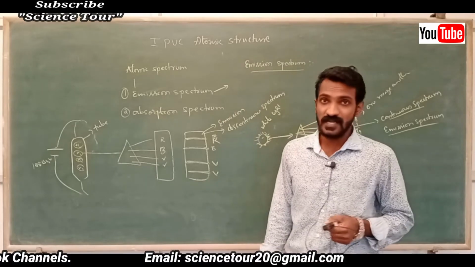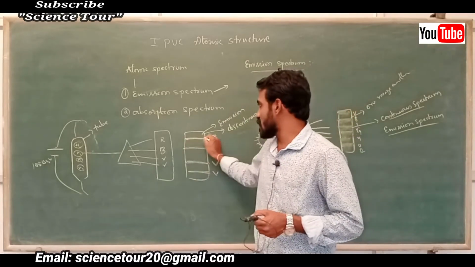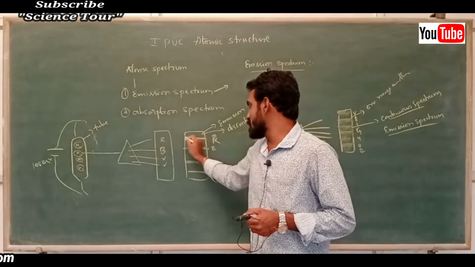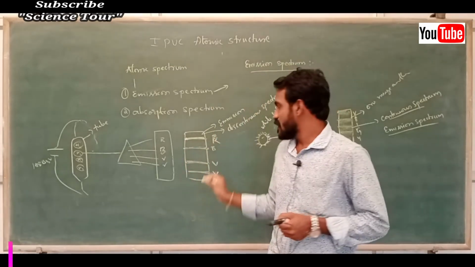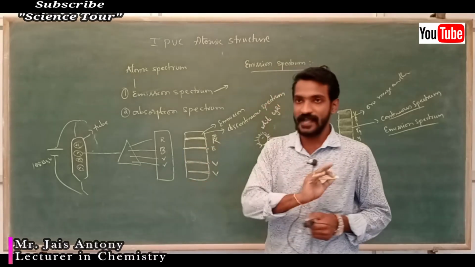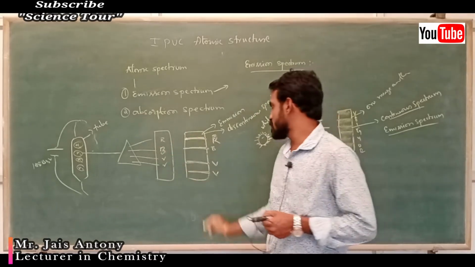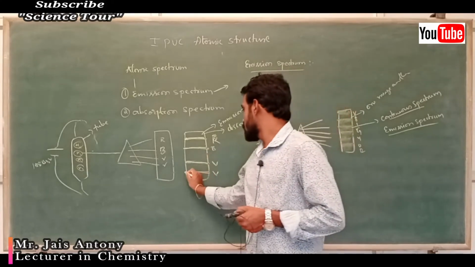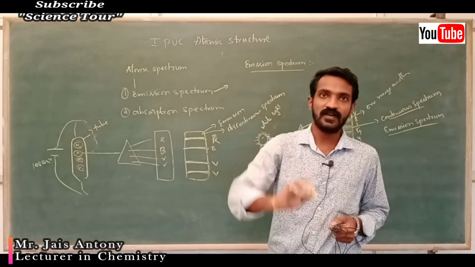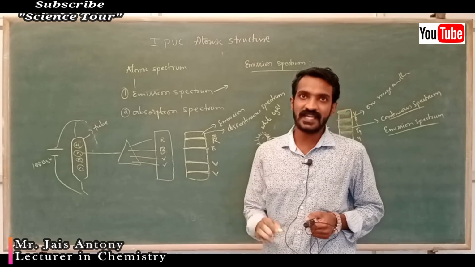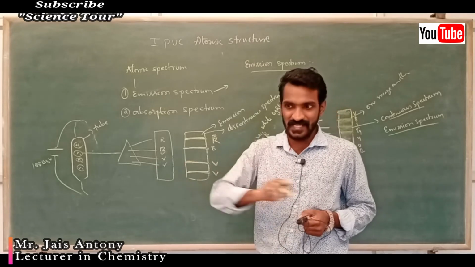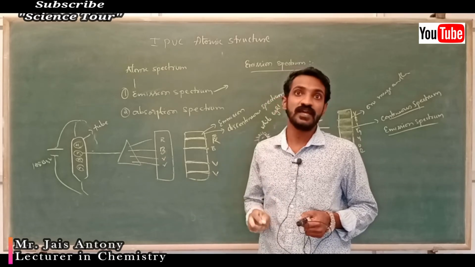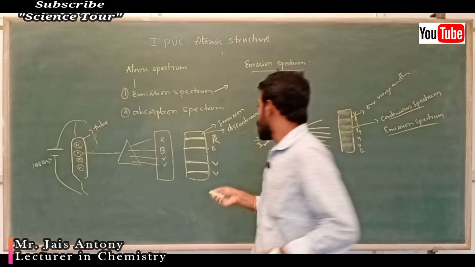Why? Because you are arranging one color line. Red is one line, then again blue one line, and violet one line, another violet one line. Between them a gap is there. It is like a line arrangement: red, blue, violet, one color line arrangement. It is also called line spectrum.